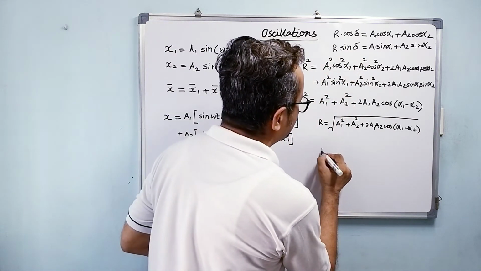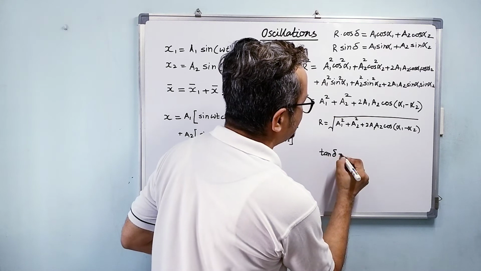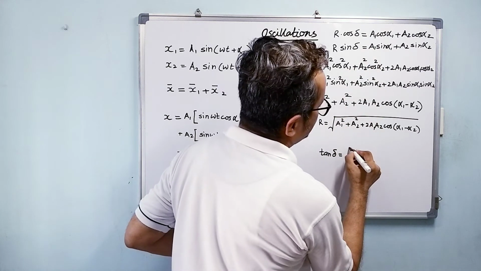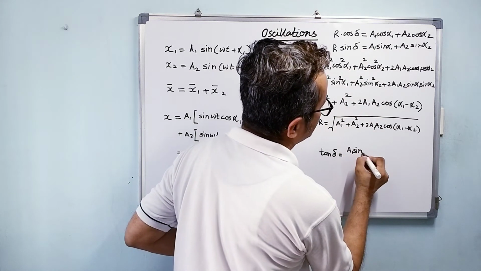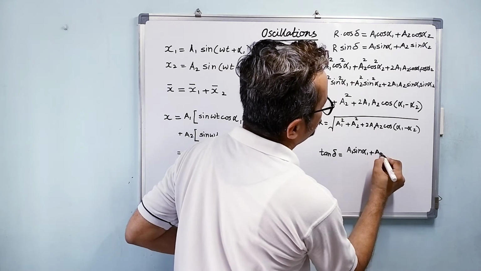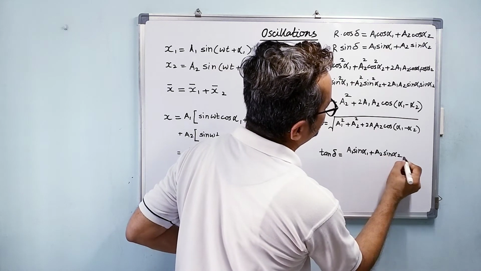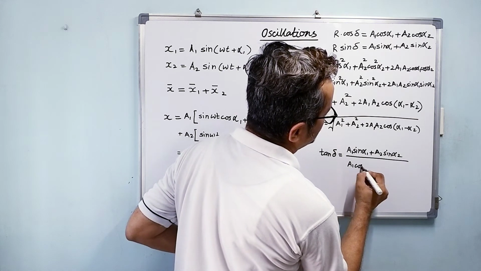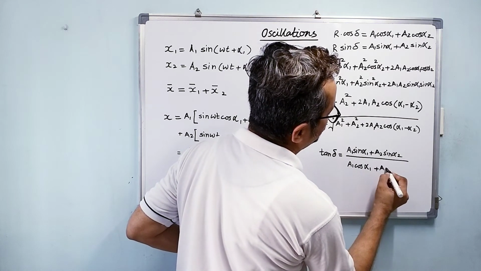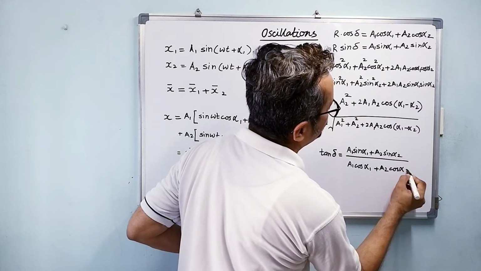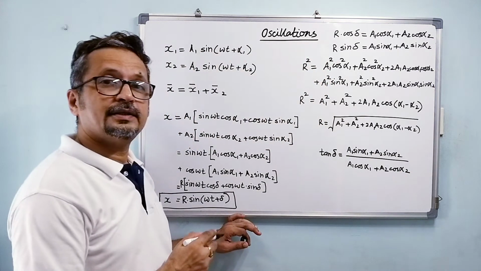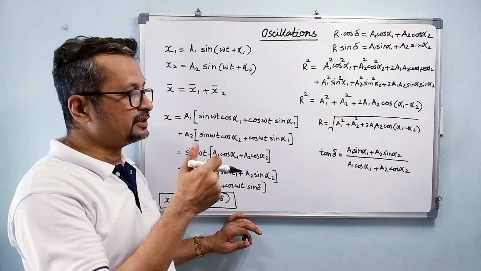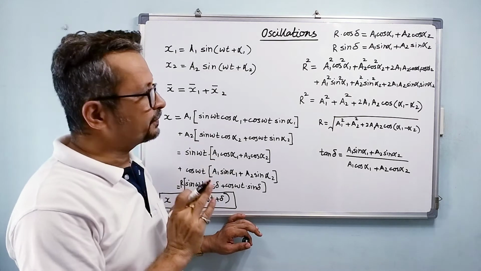So tan delta is equal to a1 sine alpha 1 plus a2 sine alpha 2 upon a1 cos alpha 1 plus a2 cos alpha 2. So that is the initial phase of the resultant.